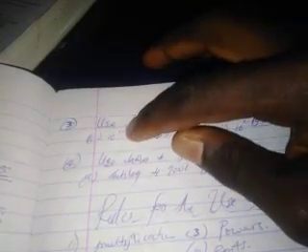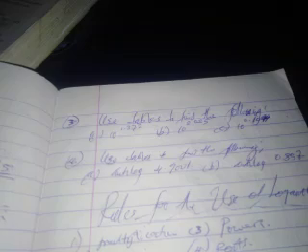Then the third one. Use tables to find the following. You know what this means, right? This is logarithm to base 10. It's another way of simply saying which number has this logarithm.